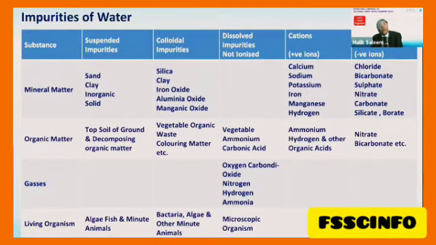In the suspended impurities, you have sand, clay, inorganic solids, and organic impurities, like topsoil, ground, or decomposing organic matter. Then we sometimes have gases, living organisms, algae, fish, and minute animals. In colloidal impurities, we have silica, clay, iron.